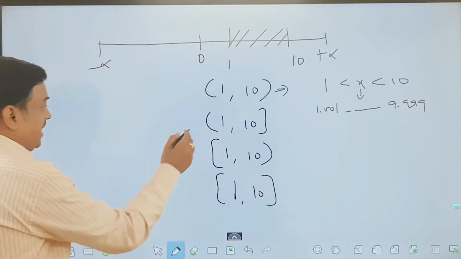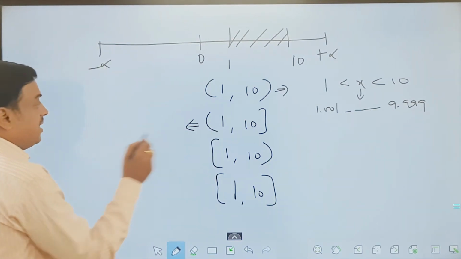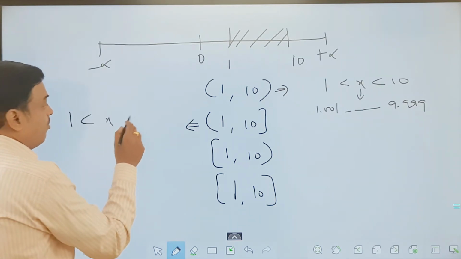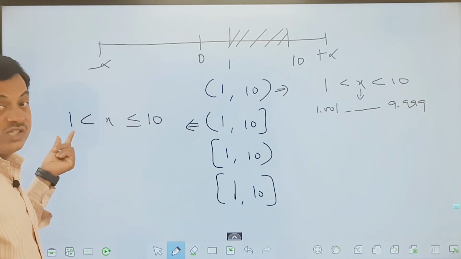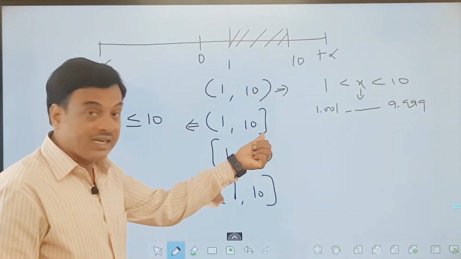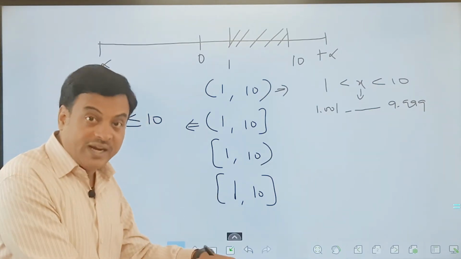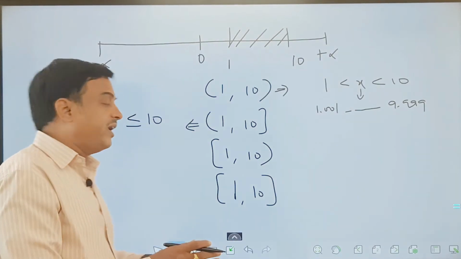Okay. Now when I take up this one, friends, this implies 1 is less than x but less than or equal to 10. That means 10 is included, 1 is not. Because of this bracket, this is called close interval, the 10 is included in that case. So 10 is also a valid value for x.